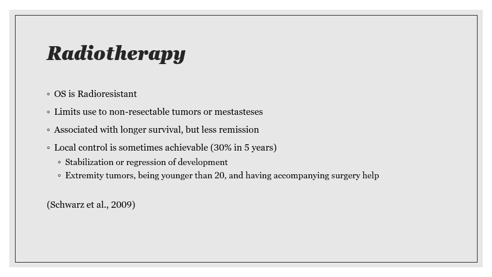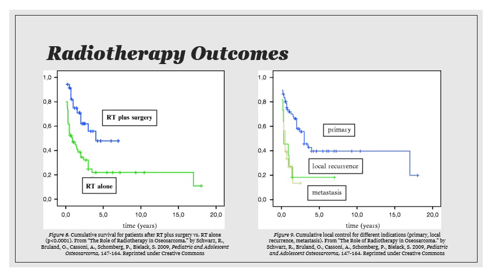Your chances of good results from radiotherapy increase if your tumor is located in the extremities, if the patient is younger than 20 years old, which, not luckily, but fortunately for radiotherapy, several of them are, and also if surgery is done to resect the tumor as much as possible. All of these improve outcomes significantly.